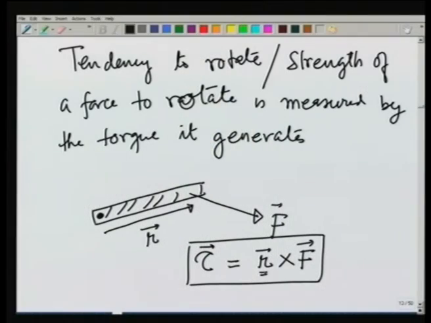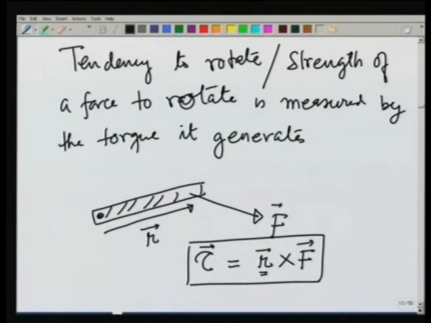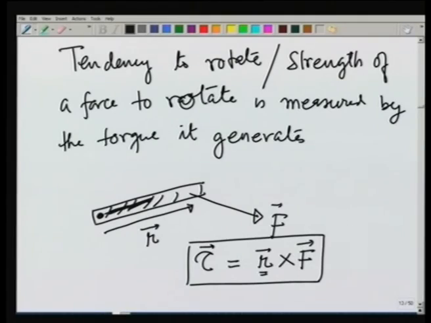Experience tells us the farther the force is from the point at which the body is held, the more it tends to rotate. So, therefore, the distance is important. The vector product is important because if the force is applied in the direction of this point, if the force is along the same direction, it will not rotate. So, the vector product in that case would be 0. So, this is how the torque is defined.